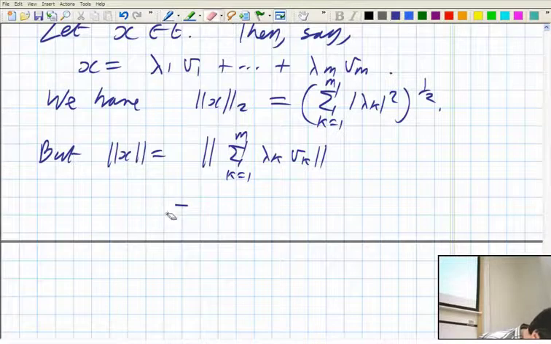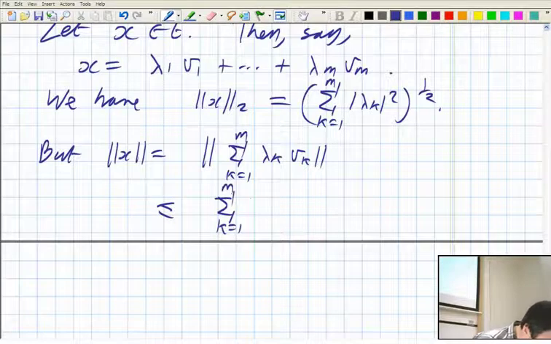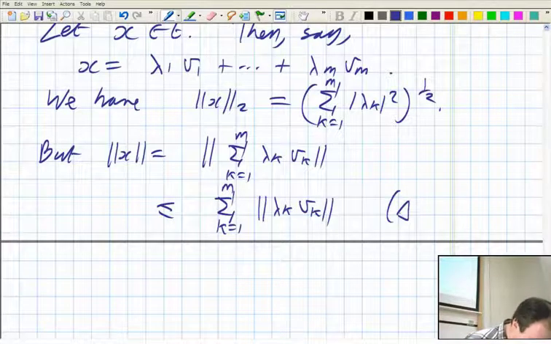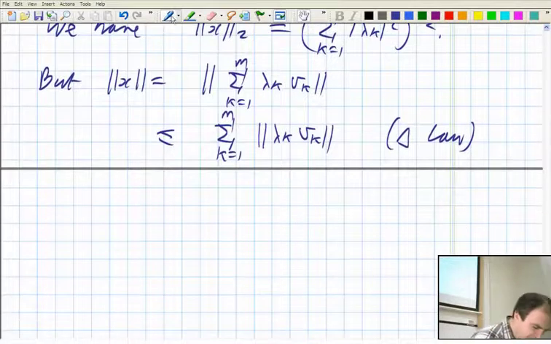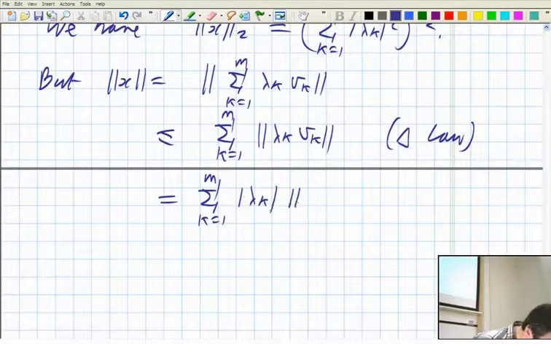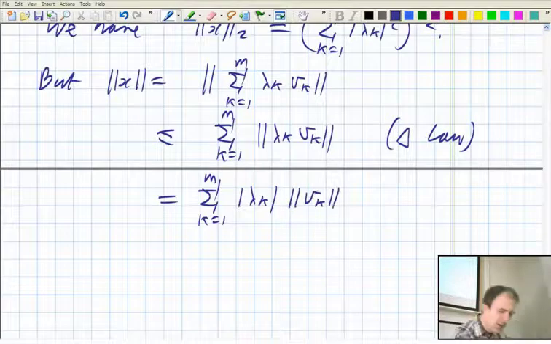So that's smaller or equal to the sum from k equals 1 to m of the norm of lambda k vk. That's by the triangle law. That's equal to, of course, the sum from k equals 1 to m of modulus of lambda k times the norm of vk. So far, so good.